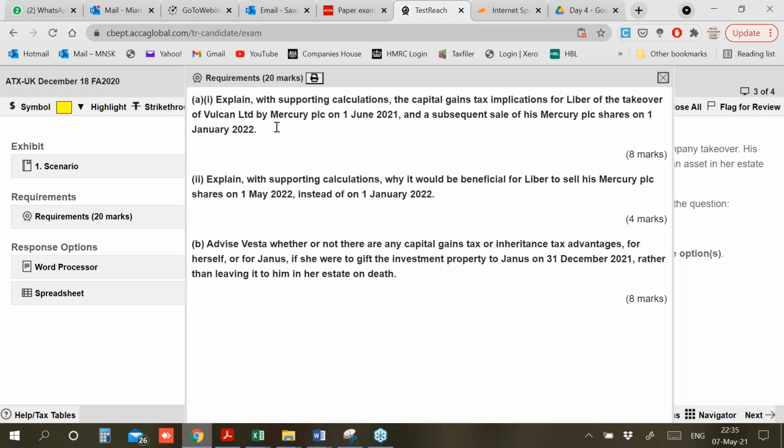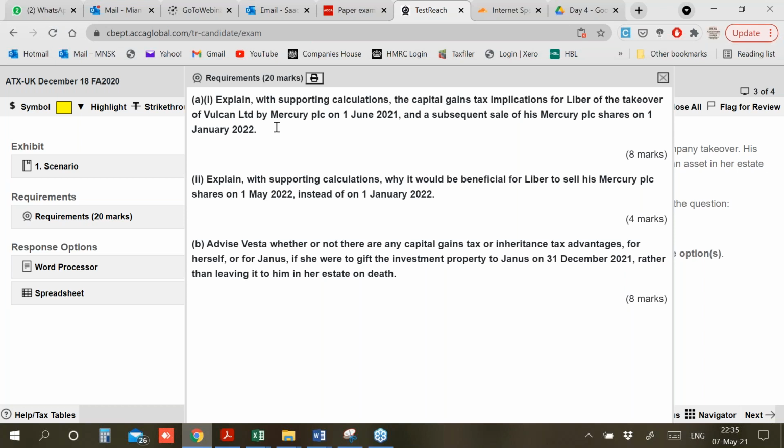Explain with supporting calculations why it would not be beneficial for LIBOR to sell his Mercury plc shares on 1st May 2022 instead of 1st January 2022. So we have to think about what normally can be the benefit of delaying the disposal. Normally, there is a chance that by delaying to next year you may have a lower rate available to get your gains taxed.